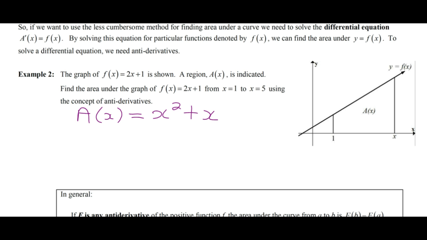Now what's going to happen is when I want to work out this area, right? So the area we want is the area 5 minus area 1. In other words, the A of x function really gives us the area from 0 to x.